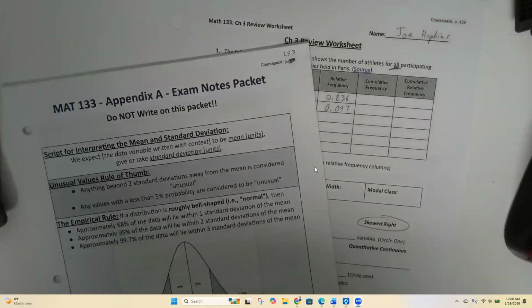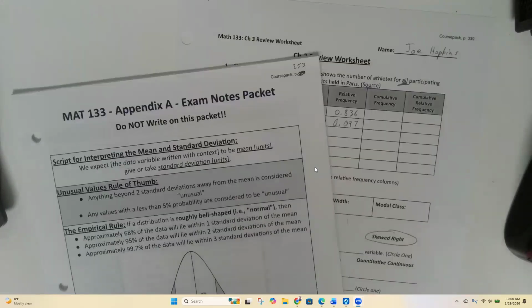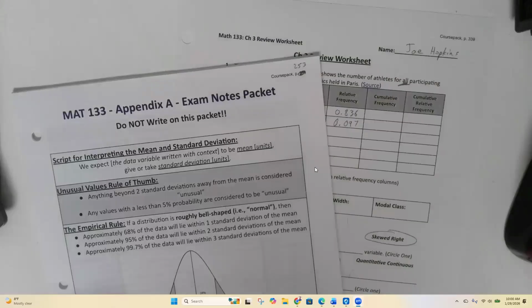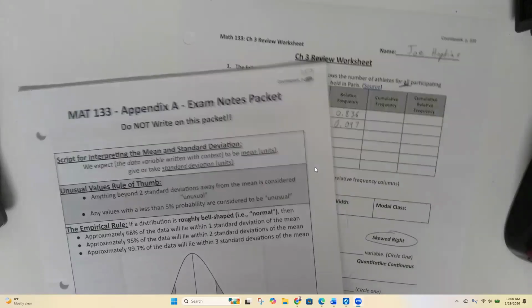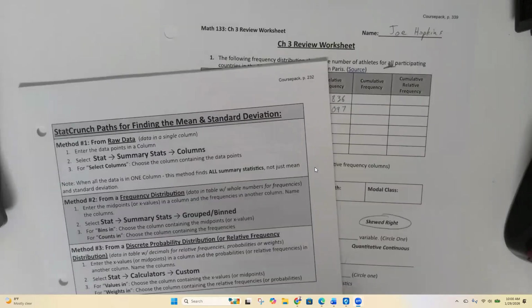You can look things up, you can Google it. There's lots of tools out there. The key is knowing how to use them. So you have this exam notes packet that you are allowed to have with you on test day. That doesn't mean you will just have the answer in front of you. You'll have the tools in front of you to solve these problems, so you do still need to know how to do them.